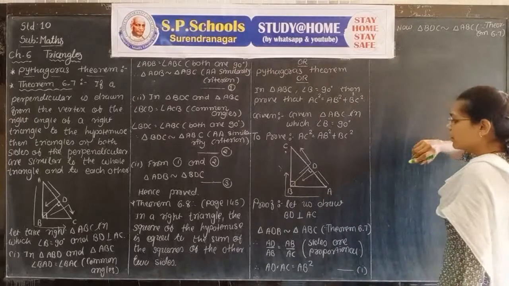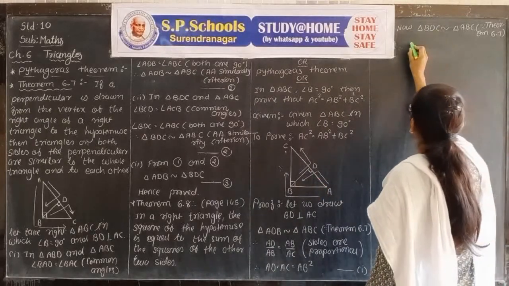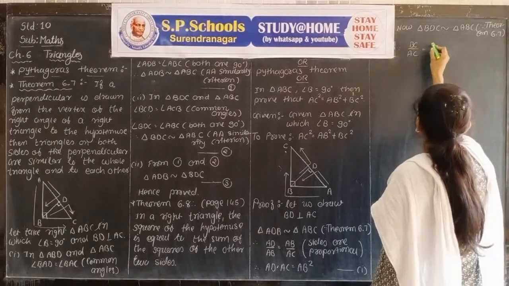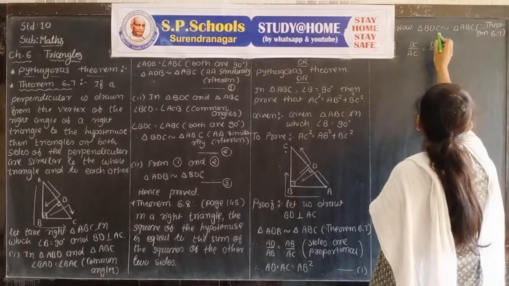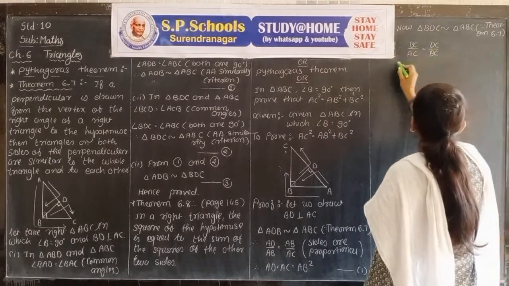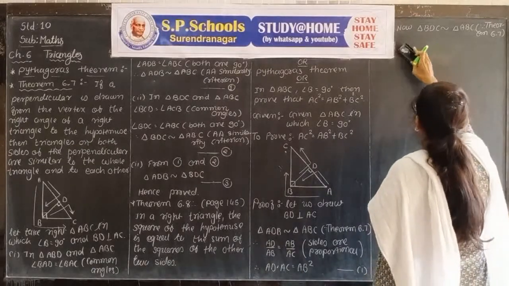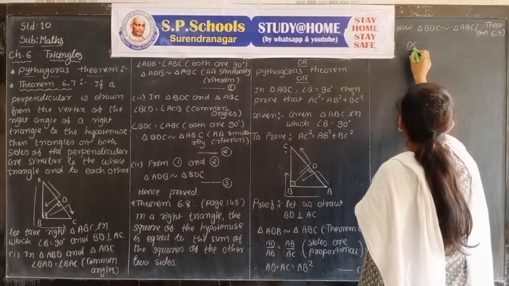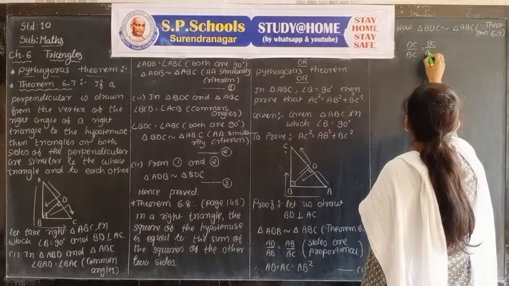That's why take, other than BD, means BC, corresponding to AC, is equal to DC corresponding to BC. Now doing cross multiplication, for our convenience we write DC upon BC first. It is not a wrong thing, but for our convenience, DC upon BC is equal to BC upon AC.